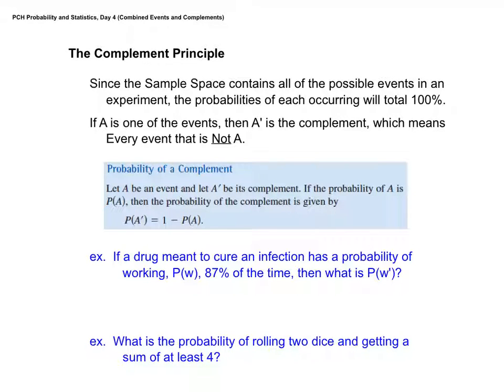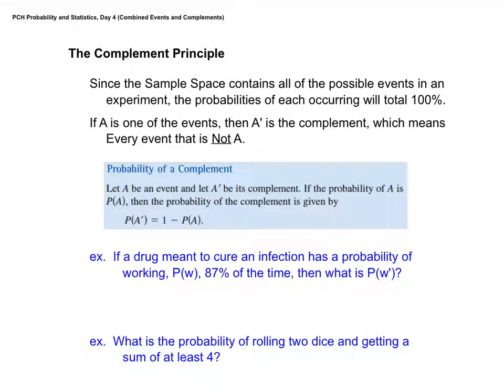So, the probability of something happening has to be 100%. It has to be one of those things. So all of those probabilities are going to add up to 100%. And that is why we have what's known as the complement.